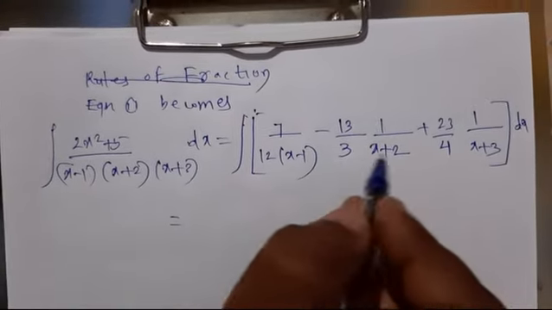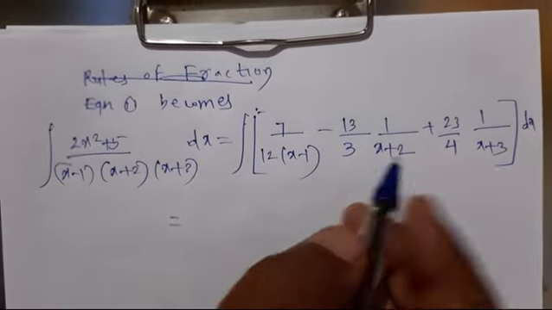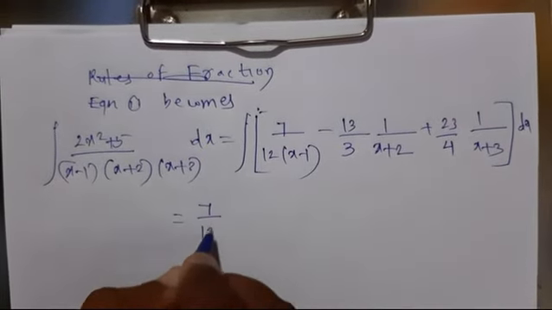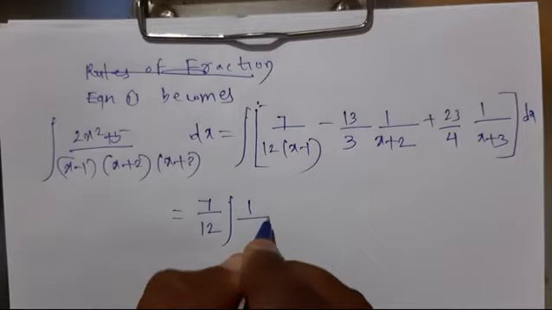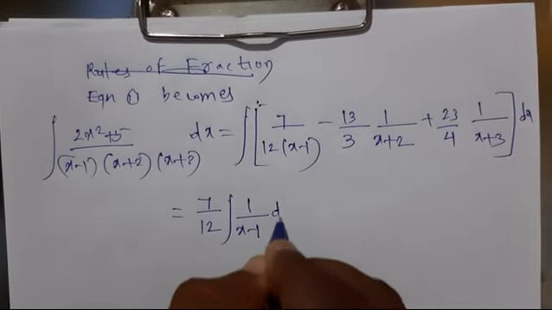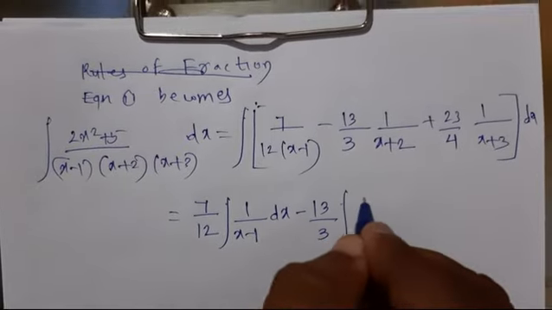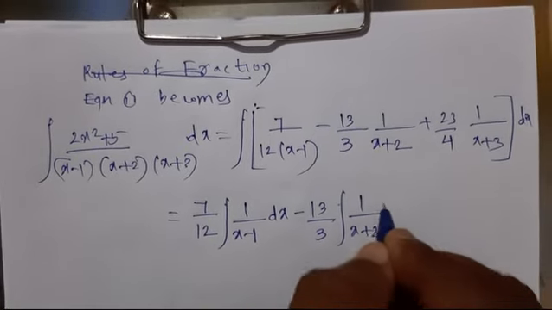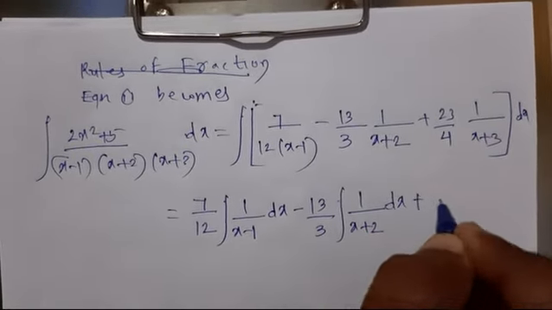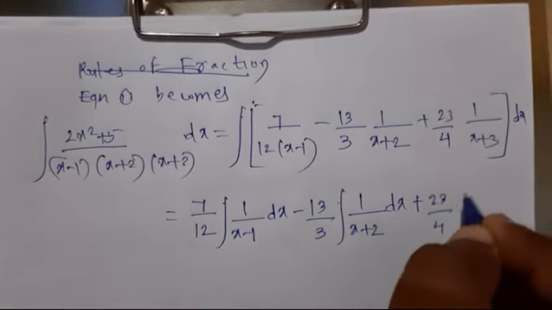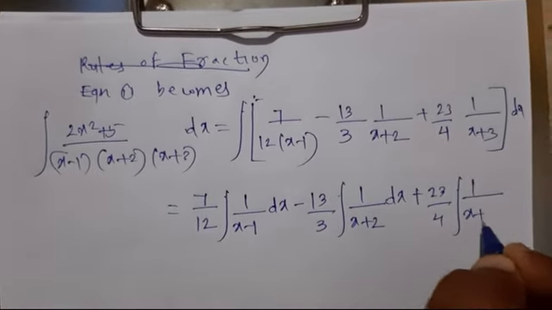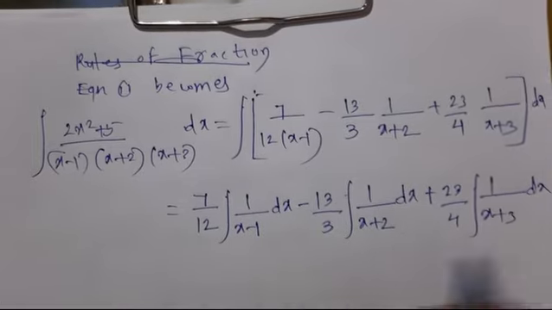So here we have 3 terms. I will apply integration to all the terms. So 7 upon 12 is constant, the remaining is 1 upon x minus 1 dx, minus 13 upon 3 is constant, the remaining is 1 upon x plus 2 dx, plus 23 upon 4 is constant, the remaining is 1 upon x plus 3 dx.